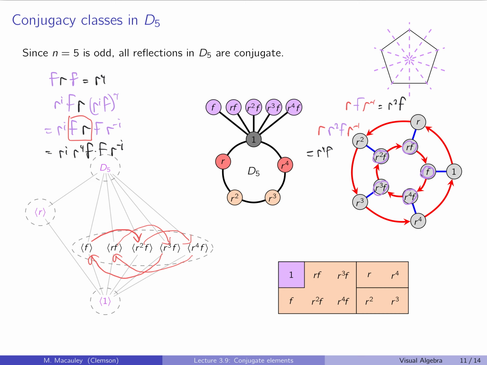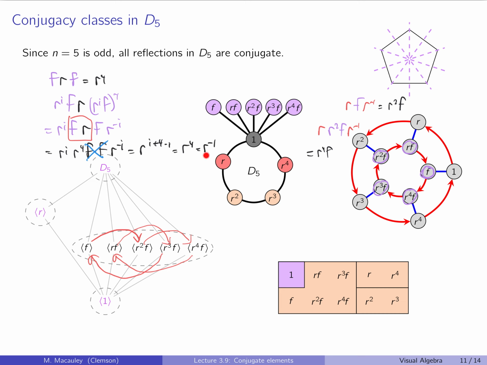So now both of these things are going to cancel, and you see what's going to happen. We get r to the i plus 4 minus i, which is r to the 4th. So if we conjugate a rotation by any reflection, we get its inverse, which is r to the minus 1. We will see that in any dihedral group, if you take any rotation that is not the identity or the 180, something that's not central, it will only be conjugate to its inverse.